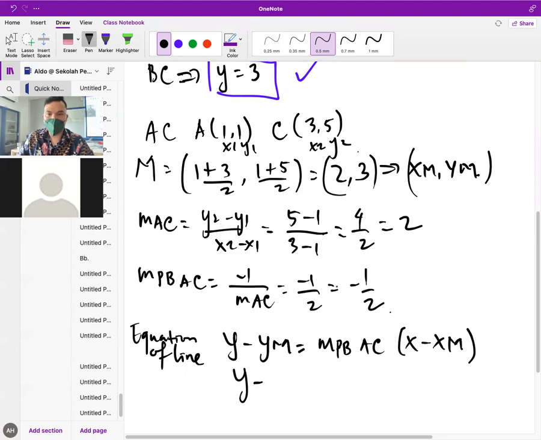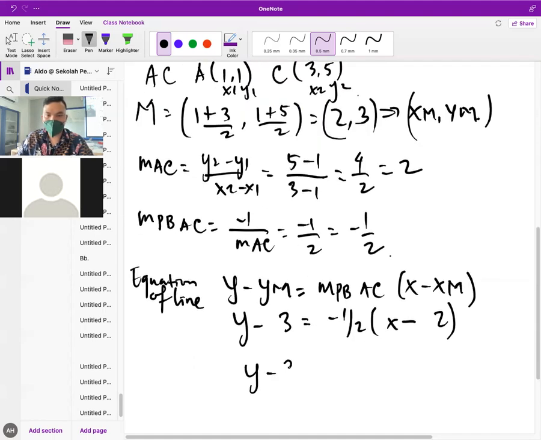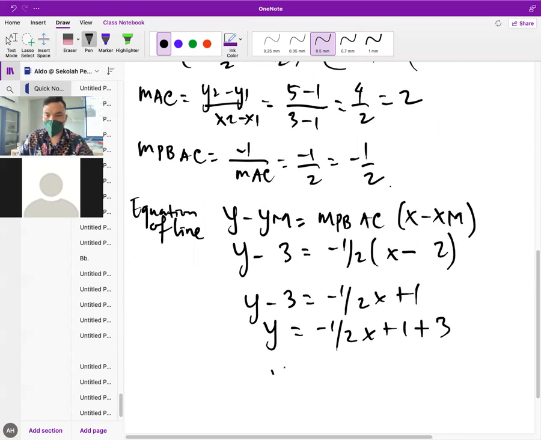So y minus ym, which is 3, is equal to minus a half times x minus 2. So we have y minus 3 is equal to minus a half x plus 1. So y is equal to minus a half x plus 1 plus 3. So y is equal to minus a half x plus 4.